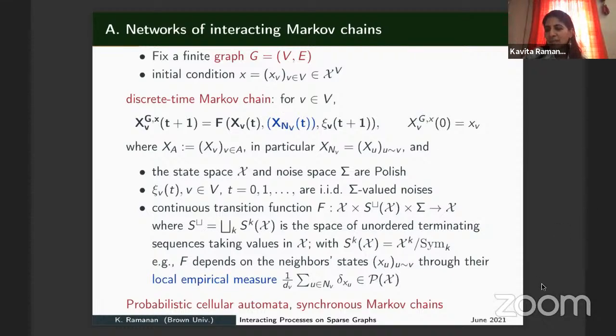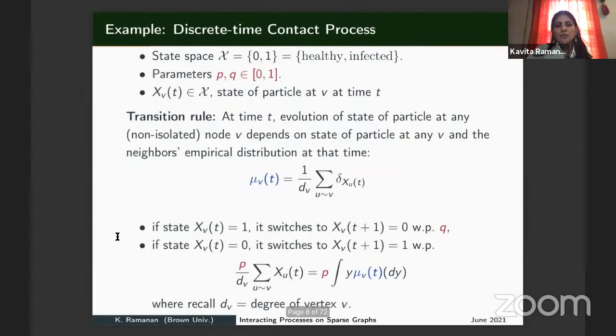Okay, any questions? Okay, and these are called probabilistic cellular automata or synchronous Markov chains. Of course, there are many examples of these. These are generic. For instance, you can have the discrete time contact process, where the state space chi is just 0, 1.